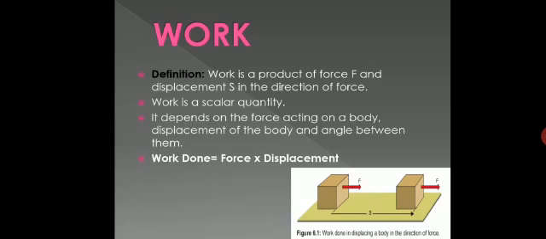The larger the force, the larger the work. Or we can say that the longer the distance moved by it, the larger would be the work done. And if smaller is the force acting on a body, then smaller is the distance moved by the body and smaller will be the work done.